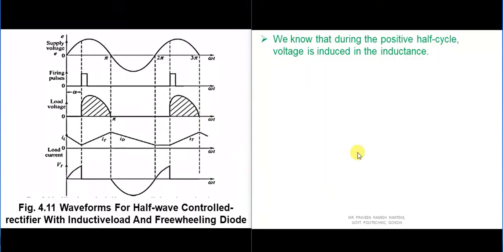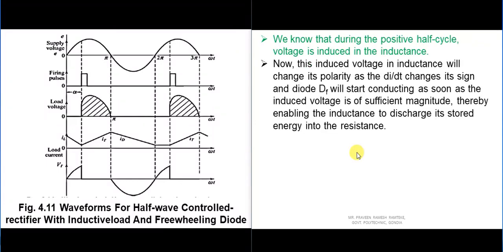We know that during the positive half cycle, the voltage is induced in the inductance. Now this induced voltage in the inductance will change its polarity as di by dt changes its sign, and diode DF will start conducting as soon as the induced voltage is of sufficient magnitude, thereby enabling the inductance to discharge its stored energy to the resistance. Whenever there is current flowing through the inductor, there will be some opposition offered by the inductance.